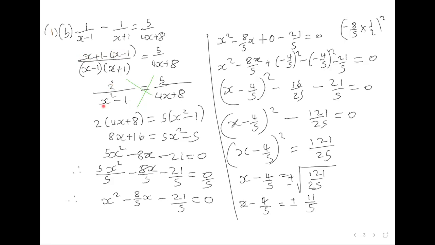And then for the denominator, we just expanded. X times x giving us x squared. X times 1 giving us x. Then negative 1 times x giving us minus x. Then negative 1 by positive 1 giving us plus 1.